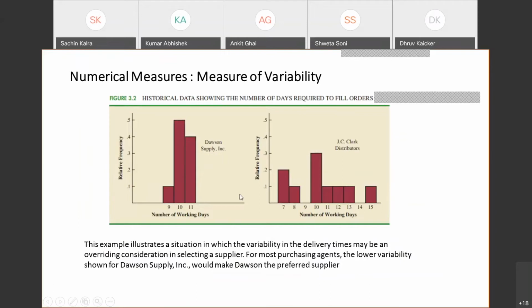So the company should go with Dawson Supply because Dawson Supply, most of the time, will fulfill the order in 9, 10, or 11 days, whereas JC Clark is giving the orders in 7 to 8 days as well, which might be profitable for the company, but that is not the case because the variation is very high. That means JC Clark is not a trusted supplier, but Dawson Supply is more trusted.